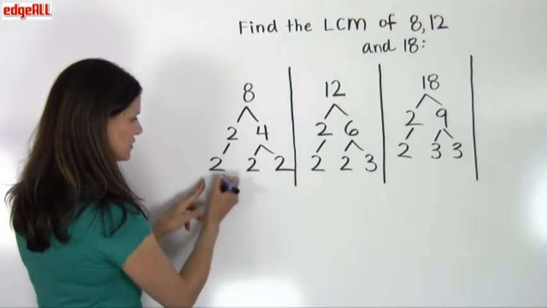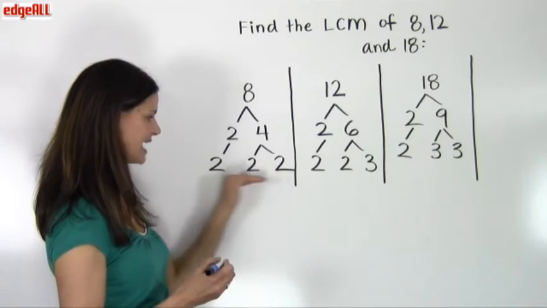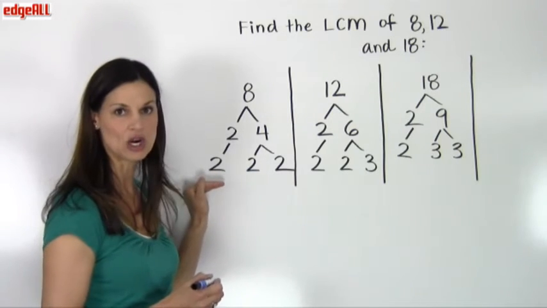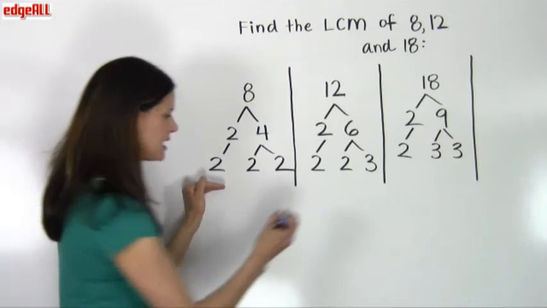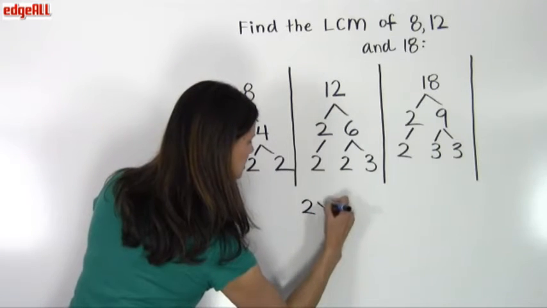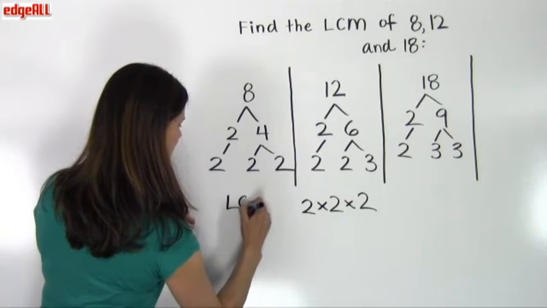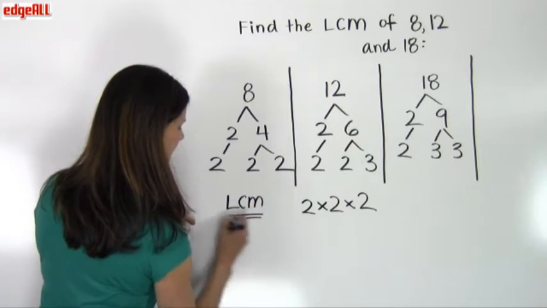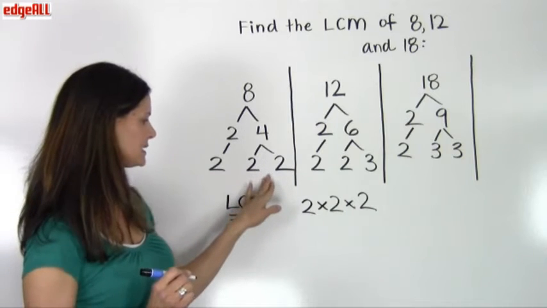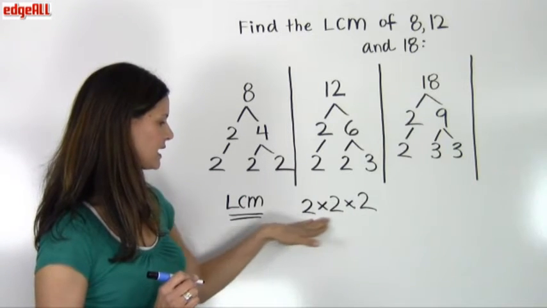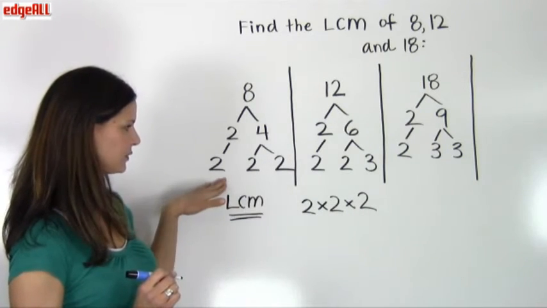So we are going to choose for the 2's this set that has the greatest number, which is 3 2's. So we begin by going 2 times 2 times 2. So we are working on finding the least common multiple now. So we have our greatest number of 2's that we put here, 2 times 2 times 2, 3 of them.